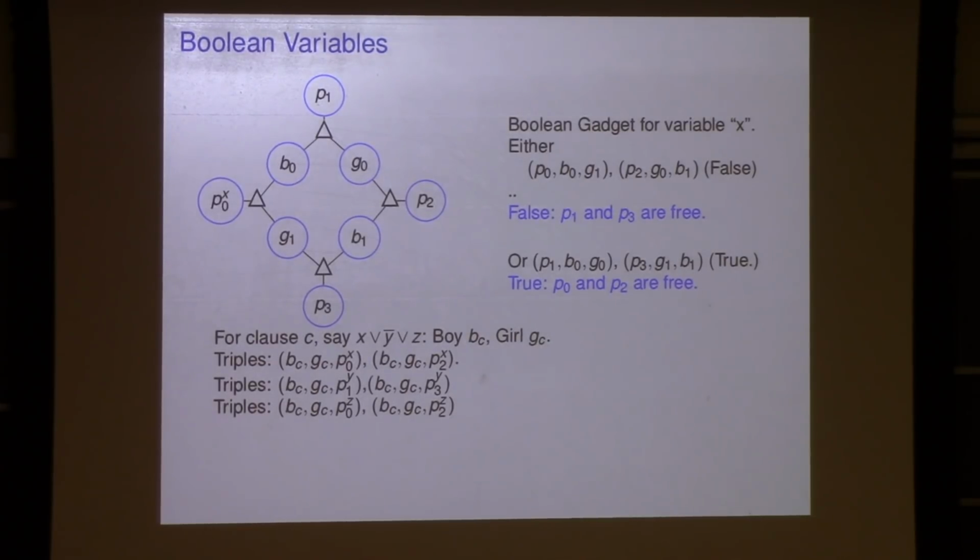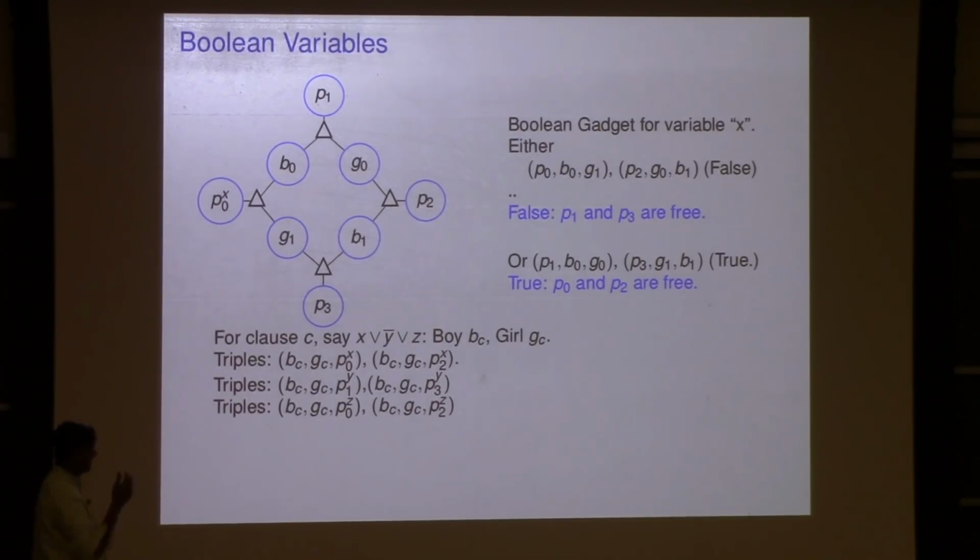So now what I've described is this F of I. I've translated from a formula to an instance of 3D matching. For each variable I build this gadget, and for each one I'm going to have 2 free pets, whether it's true or false, so I can use the variable in 2 clauses.